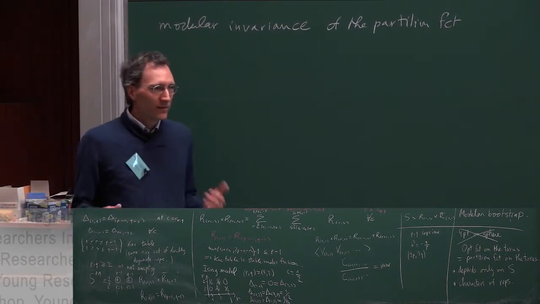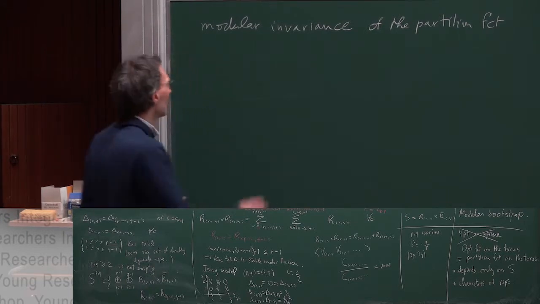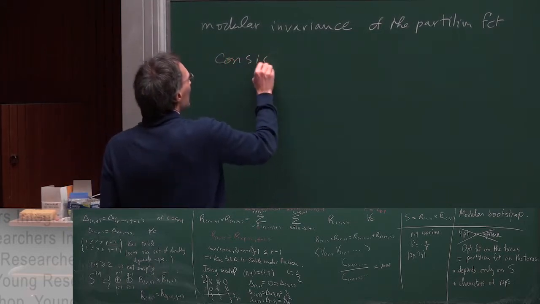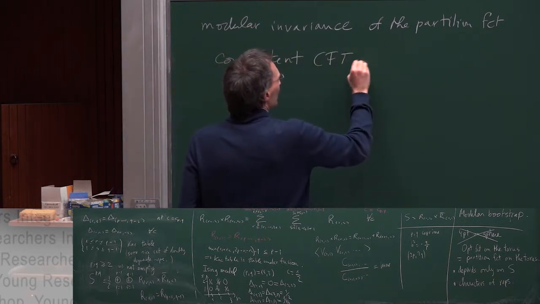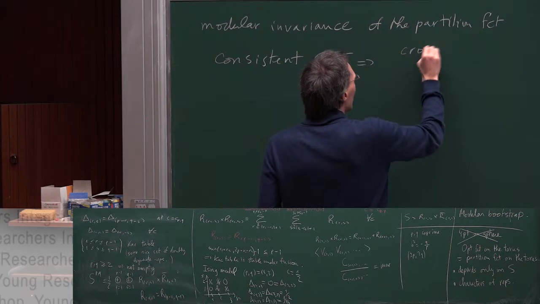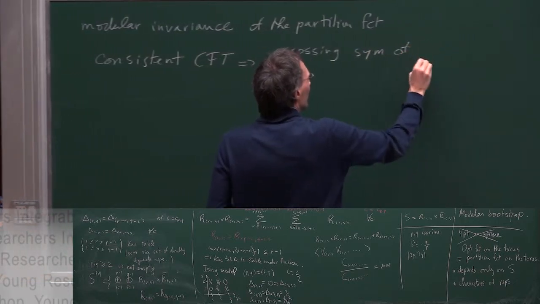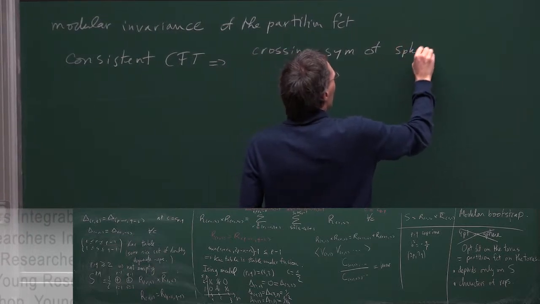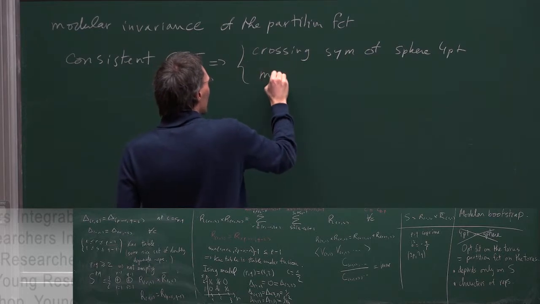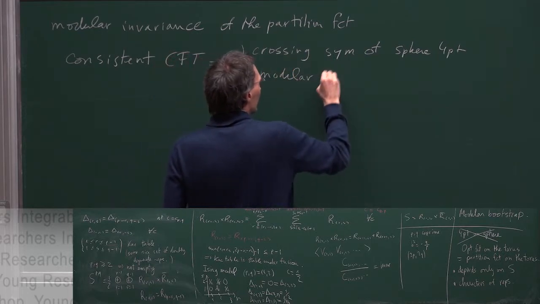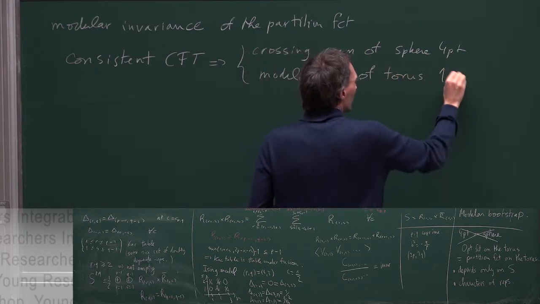So actually, to have a consistent conformal field theory on Riemann surfaces of all genus, you need much more than just modular invariance. You need crossing symmetry on the sphere, and that's not a consequence of modular invariance. And you need modular invariance, but not of the partition function, but of the torus 1-point function.